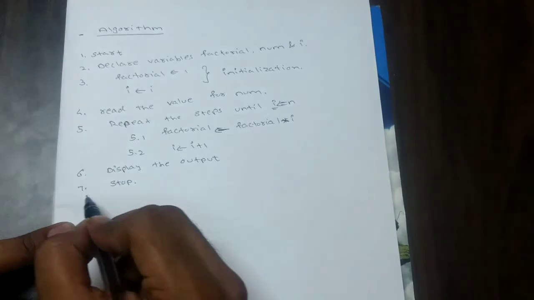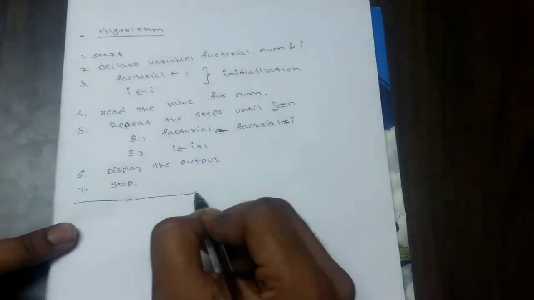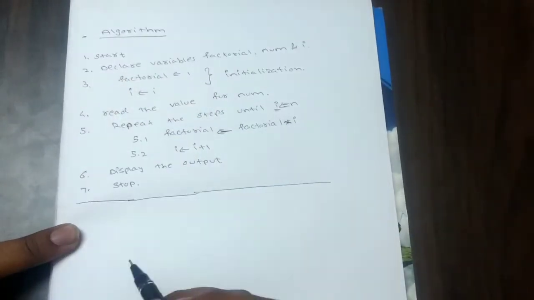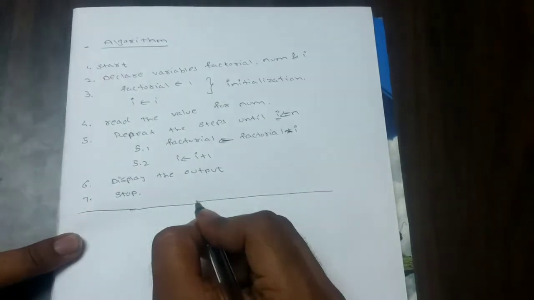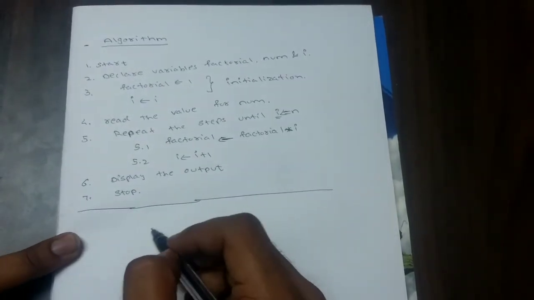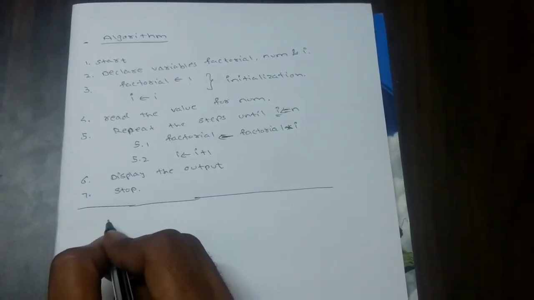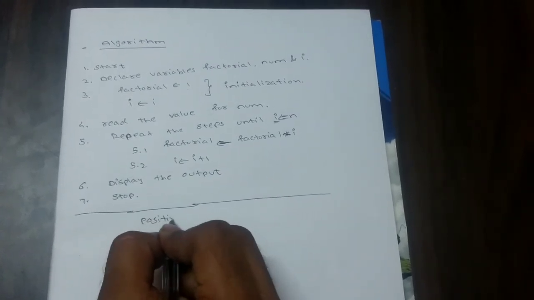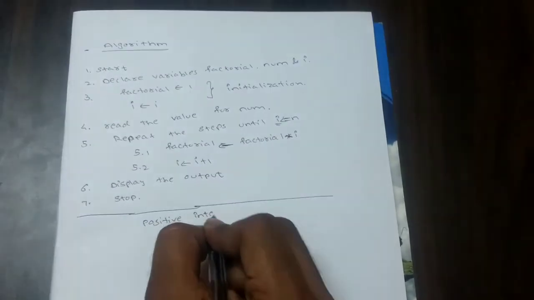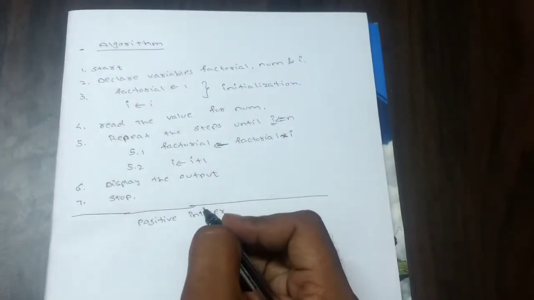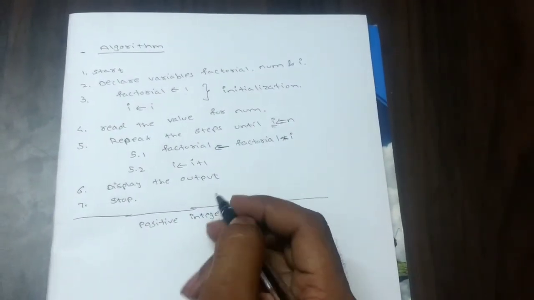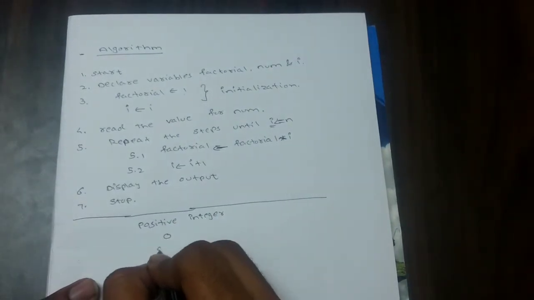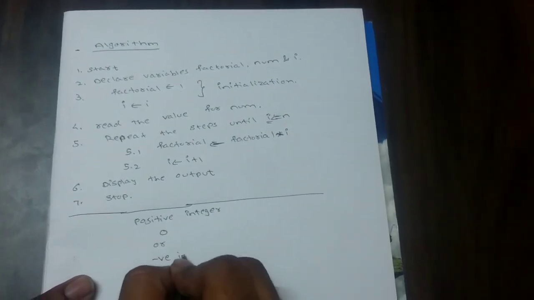So this is the standard algorithm to find the factorial of a number. Okay, so what are the cases that you need to remember? You have to give an input which is a positive integer, beginning from 1 and on. You cannot give a 0 or any negative integer.